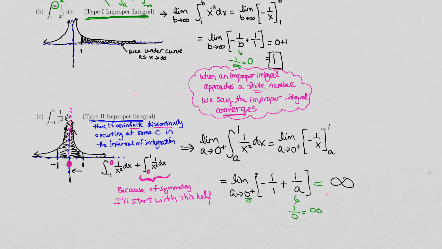So when an improper integral results in infinity or negative infinity, we say the improper integral diverges.